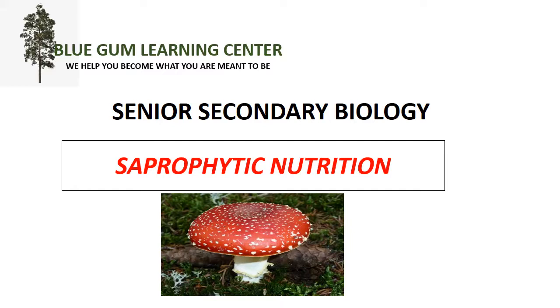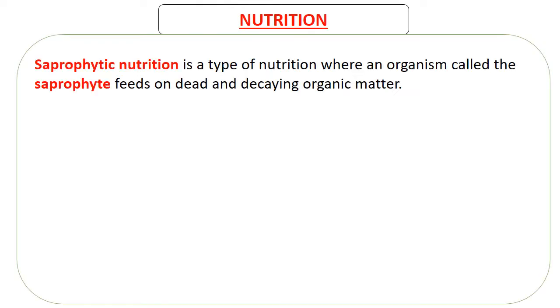So, saprophytic nutrition is a nutrition that is performed by organisms such as fungi. A good example of a fungus is a mushroom, as shown here. Saprophytic nutrition is a type of nutrition where an organism called the saprophyte feeds on dead and decaying organic matter.